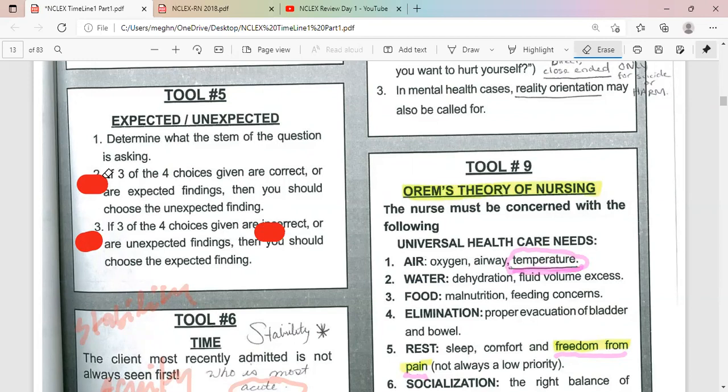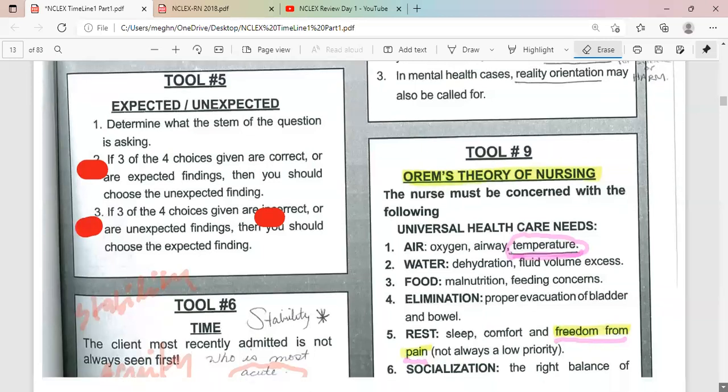Out of 4 choices, if 3 are positive and 1 is negative, the negative one is the answer. And if 3 are negative and only 1 is positive, that one is the answer.